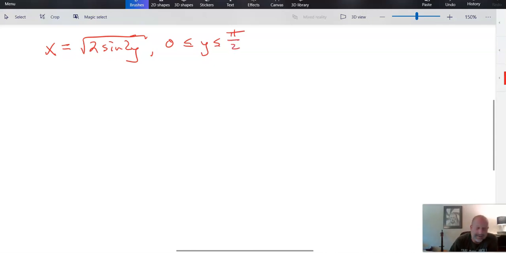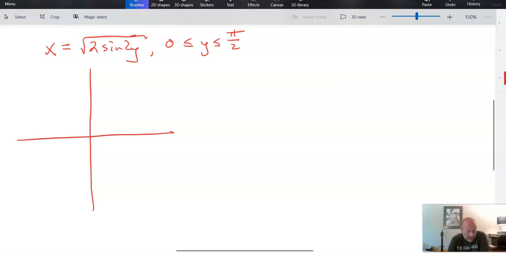Okay, so we need to get a sense of what this thing looks like. Now, even if you don't know what the function looks like, and this is one of those things that's kind of interesting, you can still plug in values here. 0 and pi over 2 are nice values to plug into sine, so they're probably things that you'll be able to take square roots of. But nonetheless, if we look at this thing, it bulges out here.